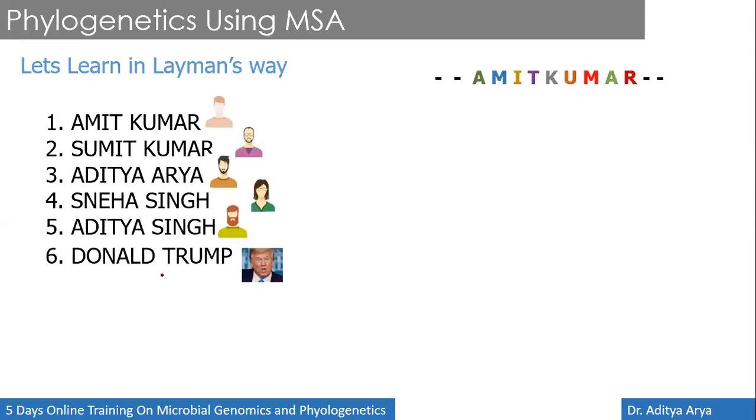Now, yesterday during the practical session, you got some sequences, letters of microbe sequences that were base pairs. They might be considered analogous to these names. And what you did in the next step was the multiple sequence alignment.